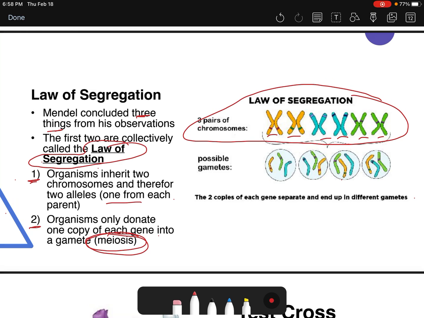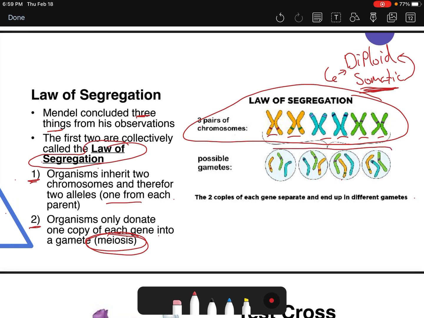So as you can see here, this is going to be the diploid number for all somatic cells. So 6 is the diploid number for this particular species or organism, and it is the somatic cells that contain that diploid number.